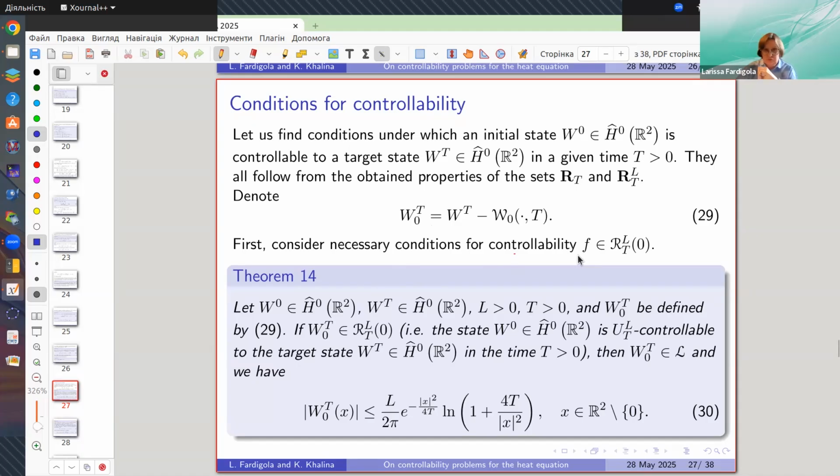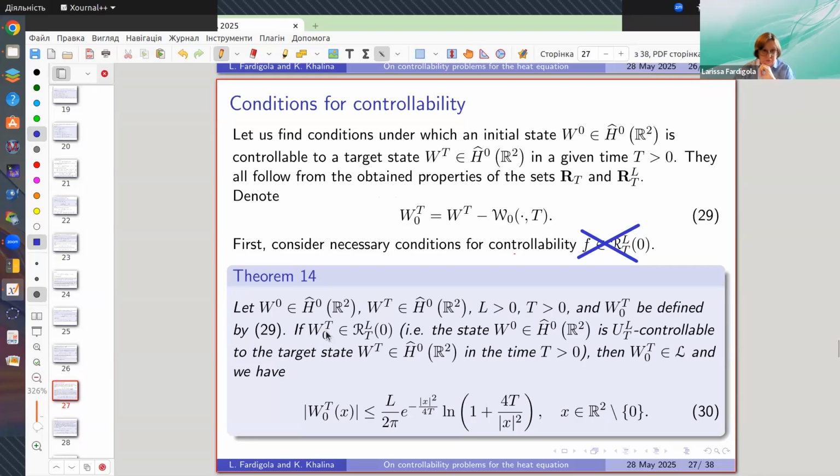A necessary condition for controllability. Let W0 belong to H hat 0 and WT belong to H hat 0 too. L greater than 0 and T also. W0T defined by condition 29.